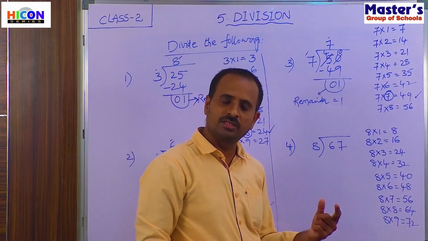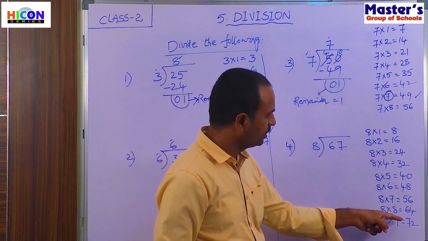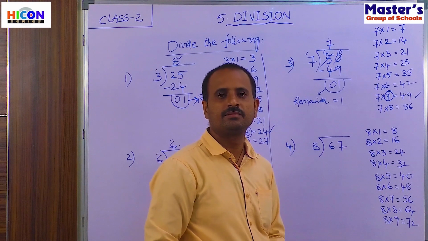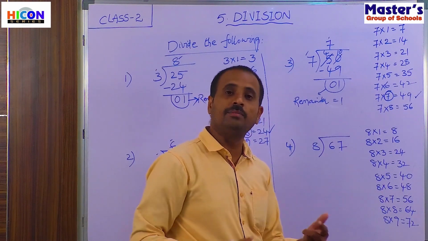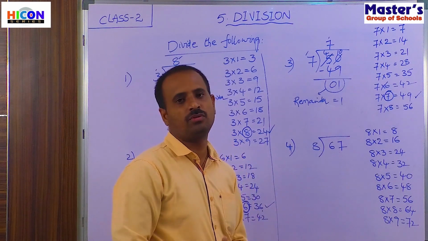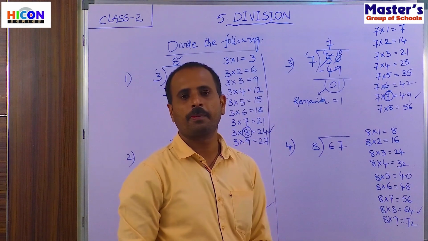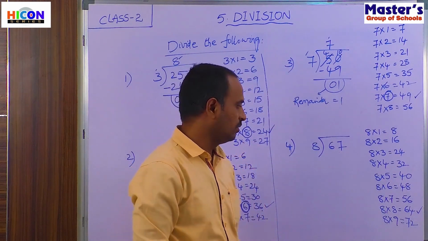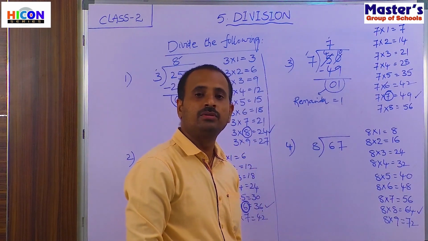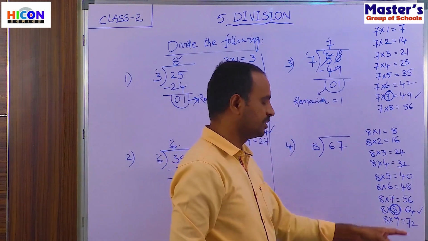What is the number before 66? We will get 65. So where is 65 here? So 65 is also not there. Now take the number before 65. What is the number before 65? We will get 64. So where is the 64 here? So here is the 64. So now how many times do we have to take to get 64? We have to take 8 times to get 64.